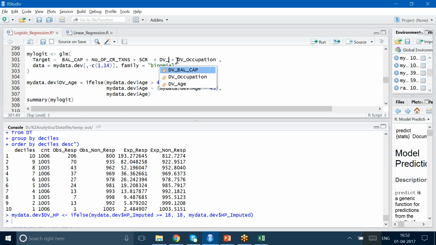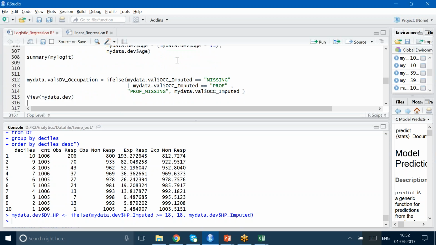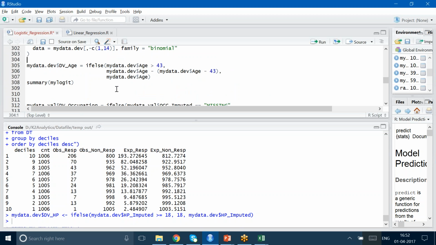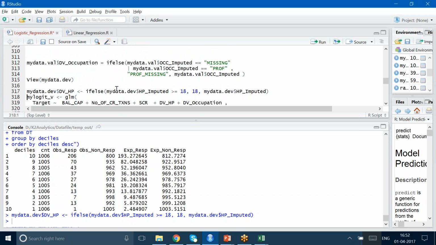Why is that HP not coming here? No, we executed. This is the syntax we executed. My data dev HP. Okay. What I'll have to do is take that syntax up. Shift FN.